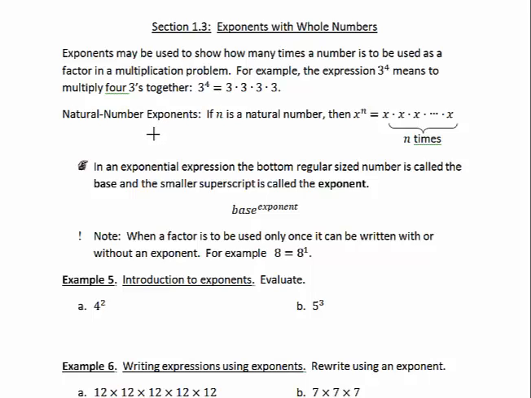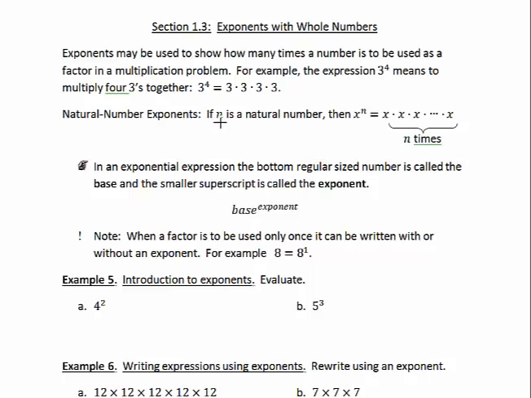Okay, and we have some letters here. You may not have been ready for that, but already we see some letters. Well, this is just sort of giving you a rule. When you see letters involved with some sort of explanation or rule, it simply means that these letters could be any number that you wanted to replace the letters with.